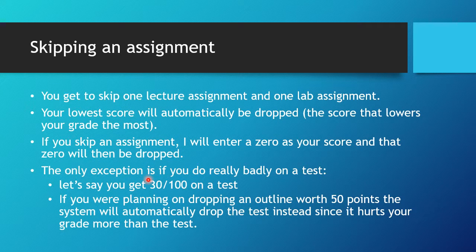So it's hurting your grade more than the 0 out of 50 on the outline. So then that test score will get dropped instead. Now you have the option, you can go back and do this outline, or you can still skip it. But just as a heads up, that doesn't happen very often, but it is possible to happen, that you could do really badly on an assignment and that would get dropped instead of the assignment you were planning on having dropped.